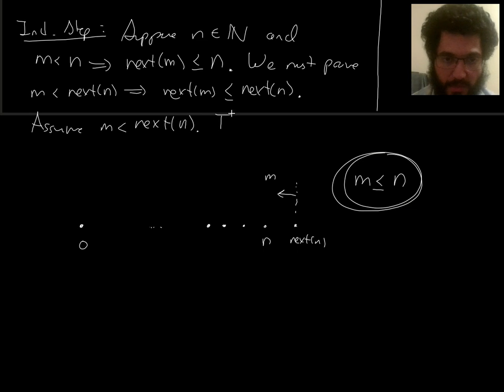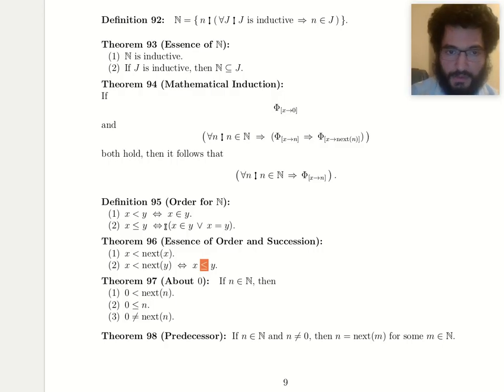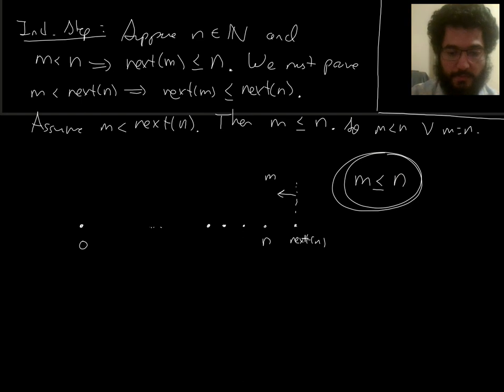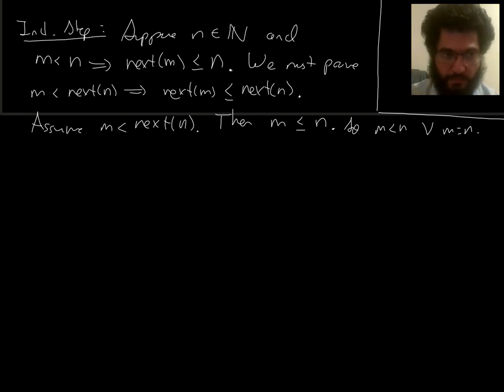So now I know my next step. It'll be then, from m less than next n, m is less than or equal to n. And this is an or statement, so let's just make it clear that it is an or statement. So m is less than n, or m is equal to n. That's the actual definition of less than or equal to. So now we have cases.